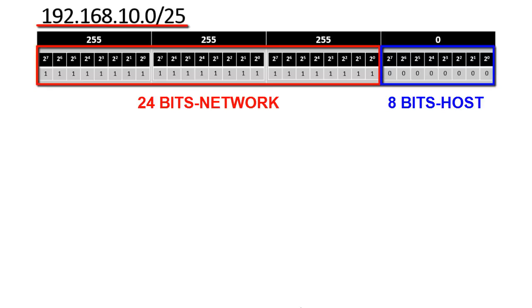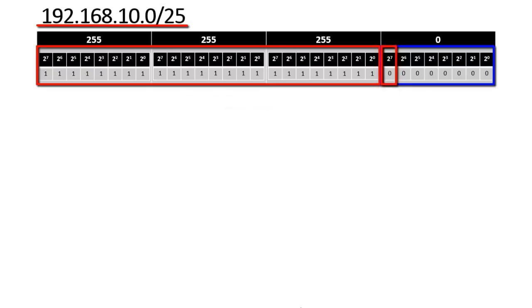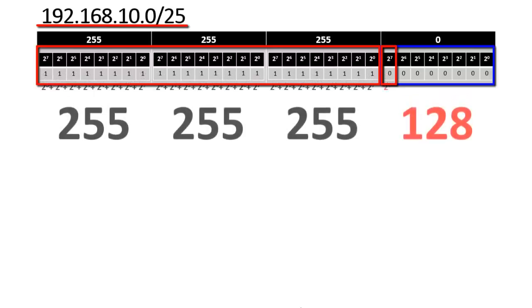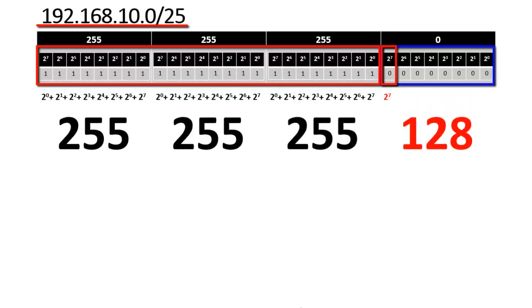The solution is very simple. We have to borrow 1 bit from the host. So the new subnet mask you will get is 255.255.255.128. Now where did we find this 128? This number came from the network bit which we borrowed from the host.